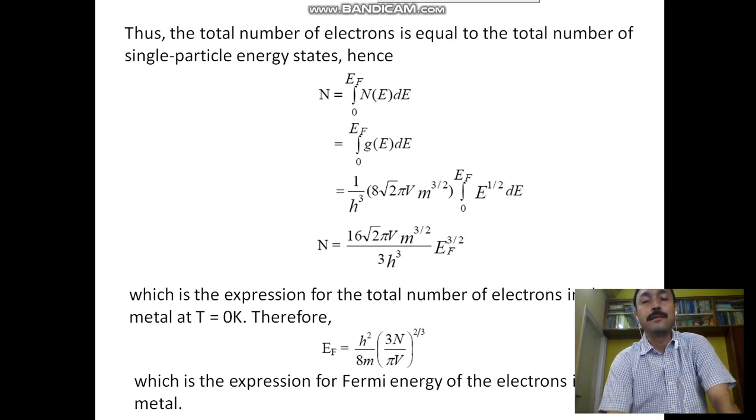We can also represent the Fermi energy in terms of this density, as discussed a few sentences earlier: EF is equal to h square by 8m (3 by pi D) to the power 2 by 3, where D is equal to N by V, the particle density.